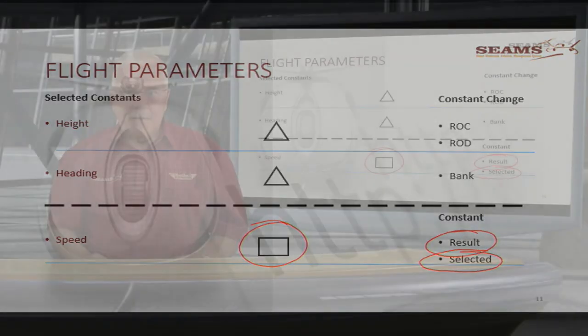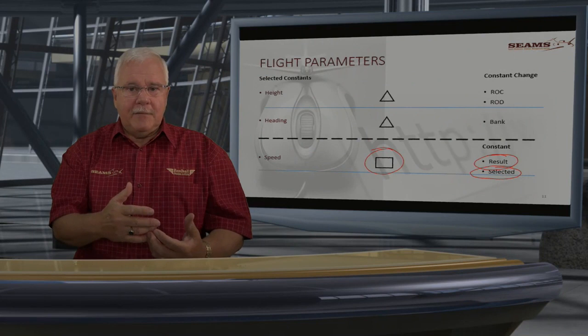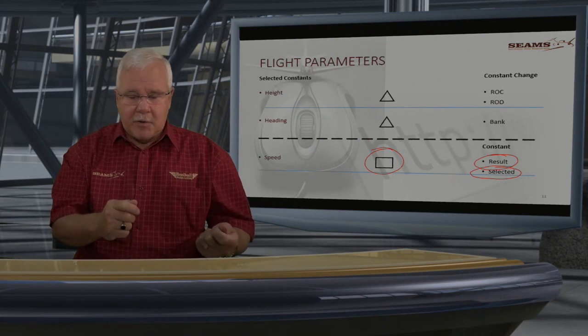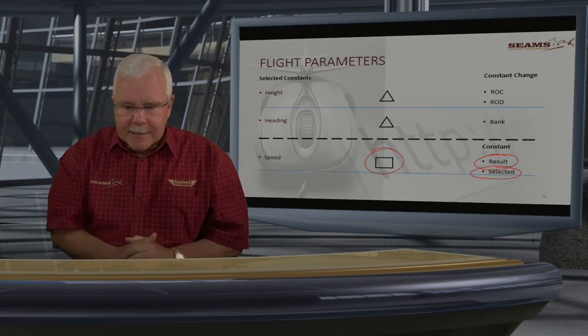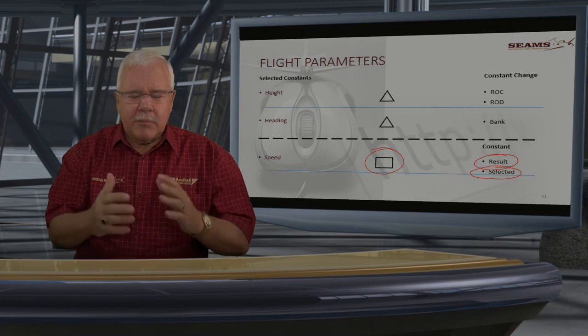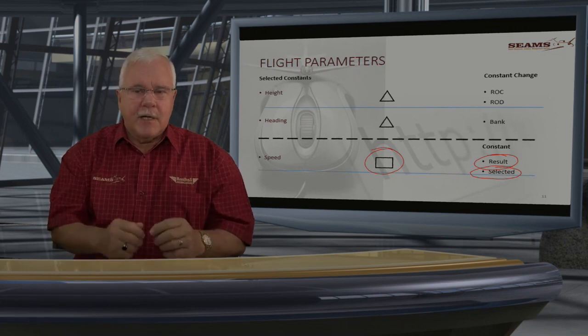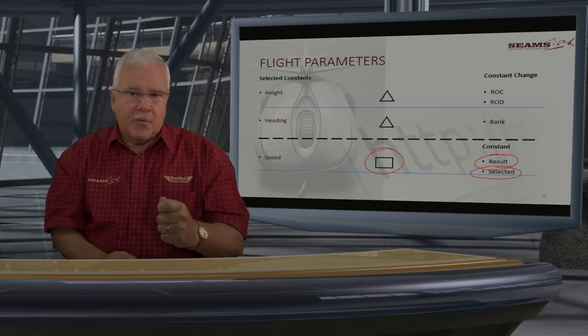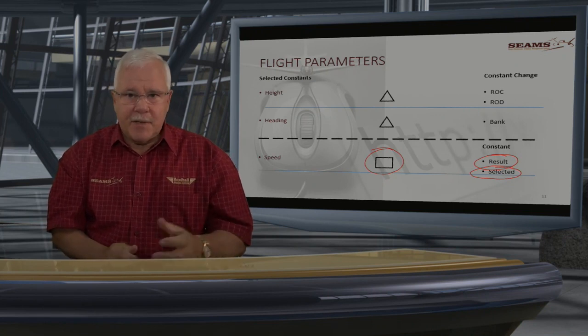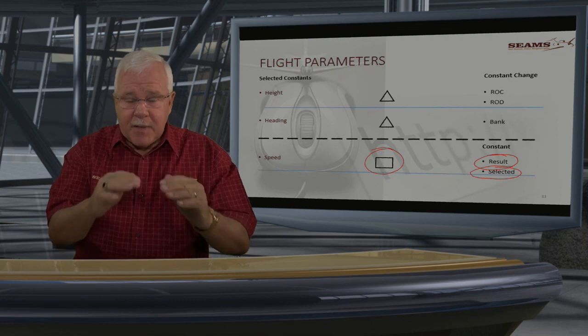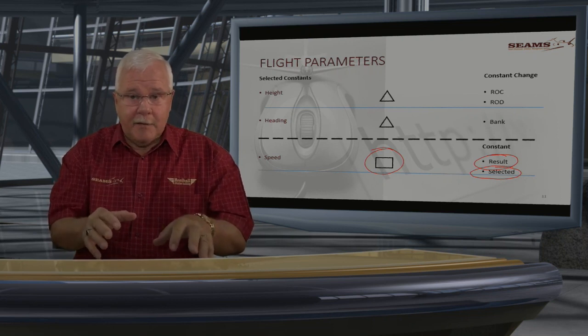Why do I say as a resultant? When I fly straight and level and I've put in cruising power, let's say the cruising power in a Robinson 22 is 18 inches or 19 inches manifold air pressure, I put that in, and the speed I get is the speed I get.